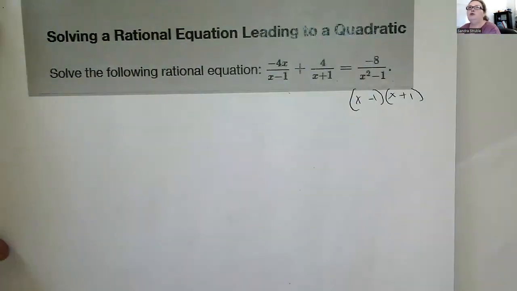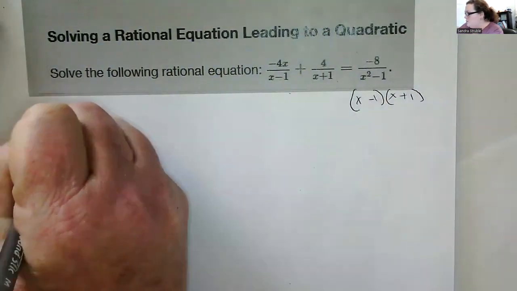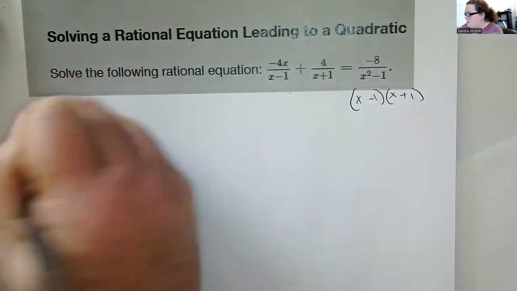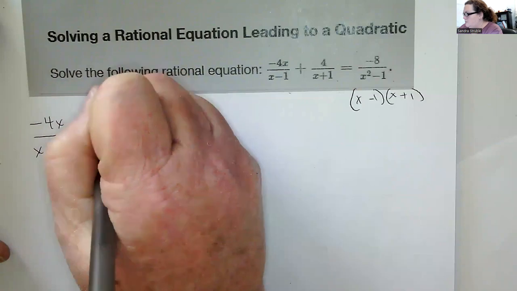And I'm going to do this a little bit different than I did in class as well. I'm going to put them side by side so you can see how this is going again. So that's just negative 4x over x minus 1 times x minus 1, x plus 1.